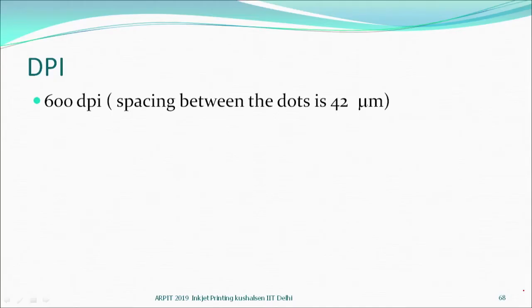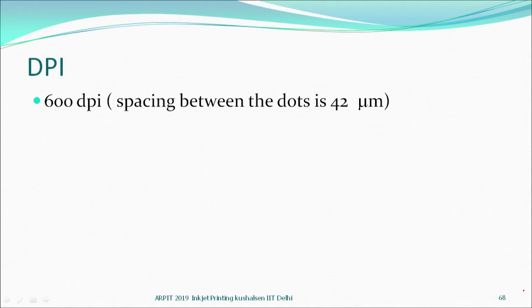So, sometimes people do talk about something called DPI, dots per inch printed, all right. So, let us say there is a value called 600 DPI, which means in that space each dot is separated from the other by approximately 42 micrometers.